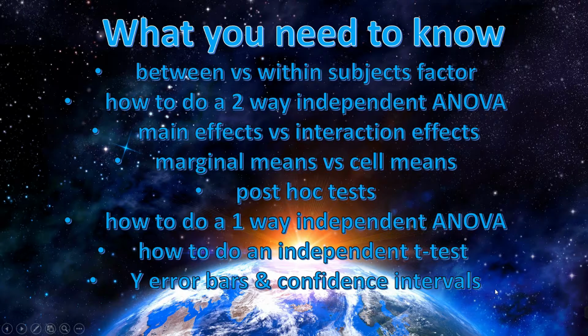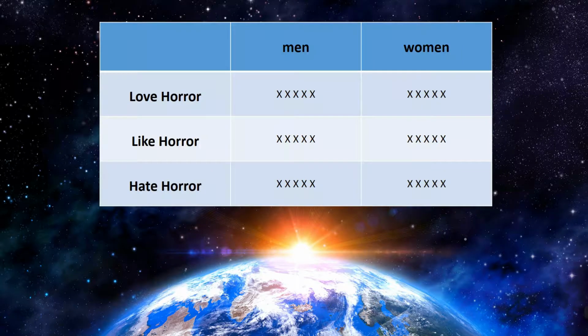All right, so a bit of background here. We are working with the same data set as we were for the two-way independent ANOVA. In this data set, we were looking at two factors: sex and what I called a horror movie factor, whether people reported loving horror movies, liking them, or hating them.